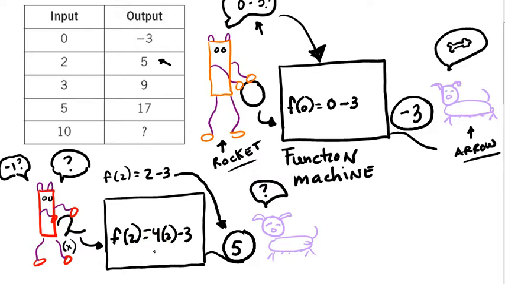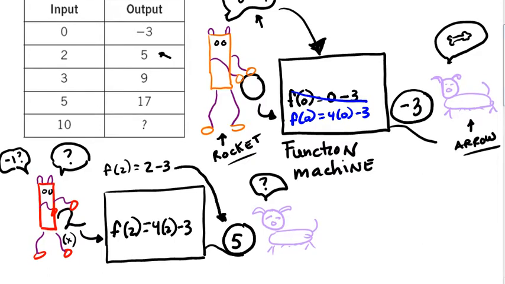Now let's readjust that up here. We've decided this one isn't correct because it didn't work with our second set of data. So let's say the function of 0 equals 4 times 0 minus 3. Well, 4 times 0 is 0, minus 3 is -3. So now Rocket feels like he has a better idea of what his input-output machine is doing.